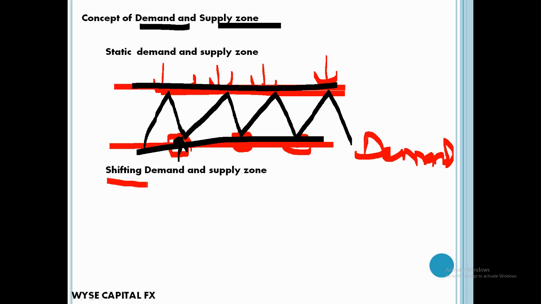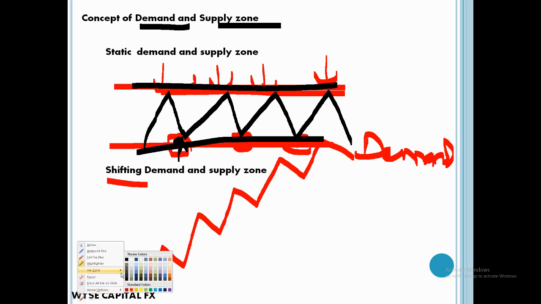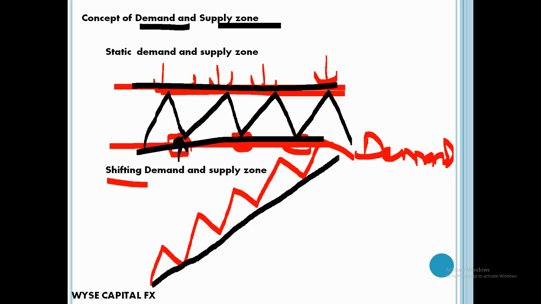While we have shifting demand and supply zone. So this is applicable on a trending market. Like we've said, if the market is going upward, it should be behaving like higher highs, higher lows. It's a zigzag move going upward. Now, there are levels where buyers are coming back into the market. This zone, you can draw a trend line touching on that.